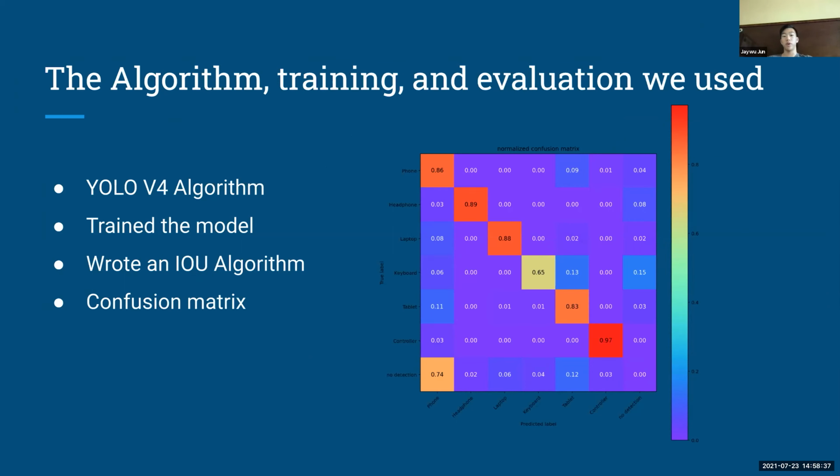We also used the well-known IOU algorithm, which stands for intersection over union, as our loss function during the training process to navigate this n-dimensional space to find the best weights. In the end, we used a 7x7 confusion matrix to see the results of our training and how accurate it got.